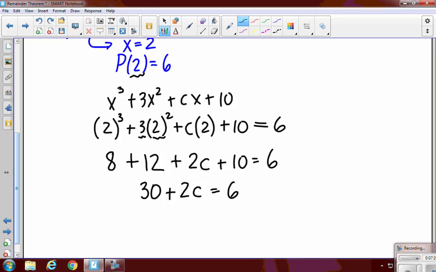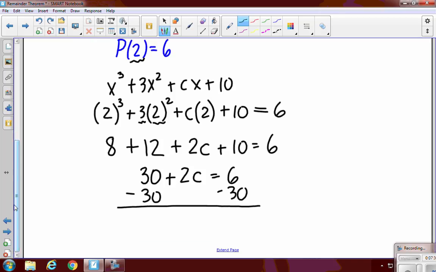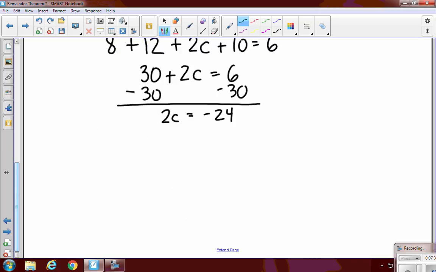And now this comes down to a simple junior high type question where we're just going to take 30 away from both sides to solve for c. So I'm getting 2c now equals negative 24. The last step is to divide out that 2, and that gets me c being negative 12.